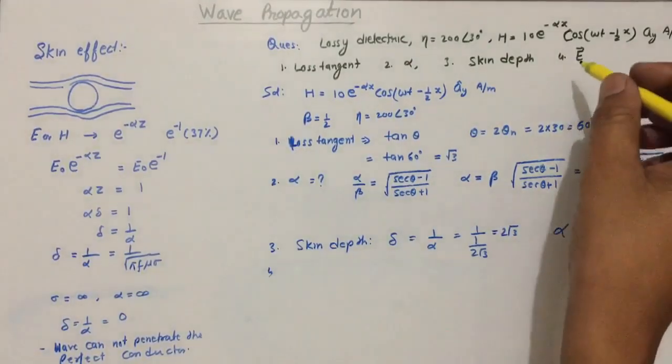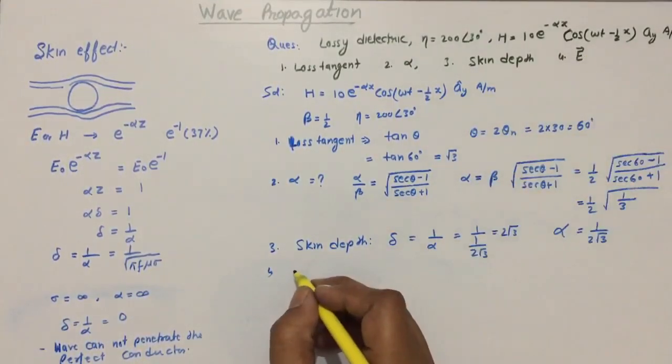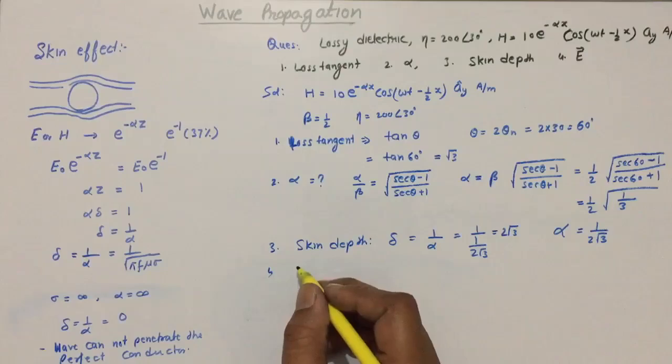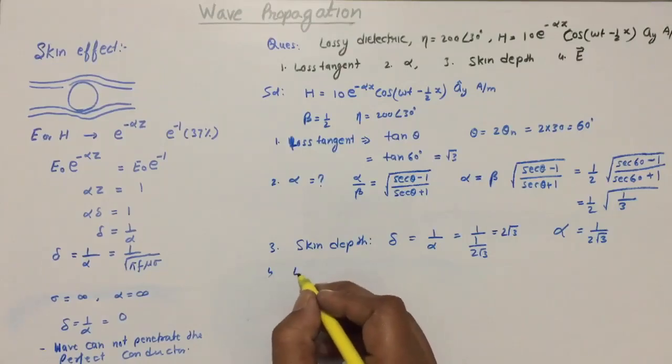Now the next important parameter to find is E, and in the case of E we have a relationship between E and H. So following that, I am not going to write it out, I am just following it.